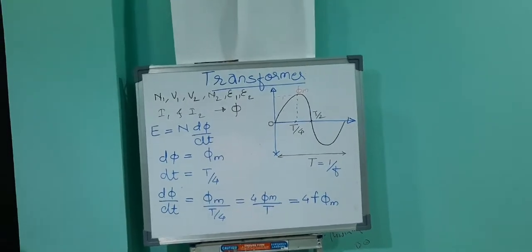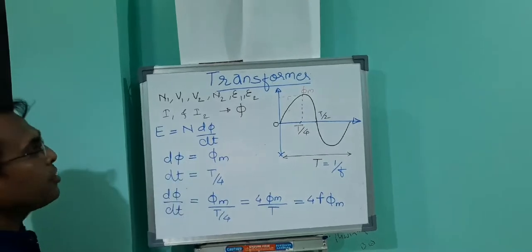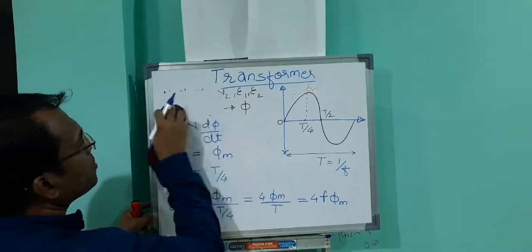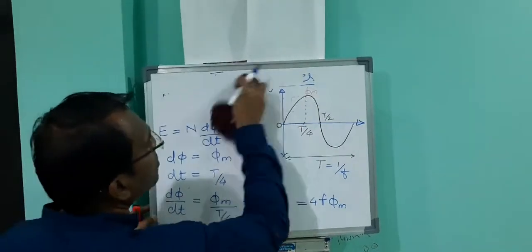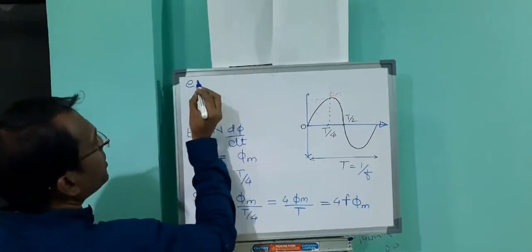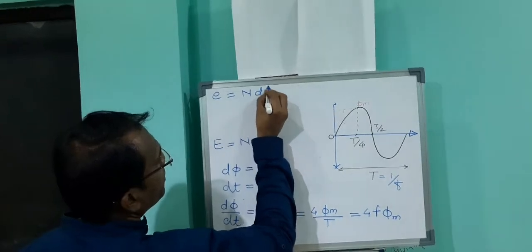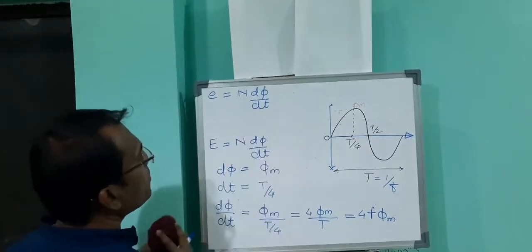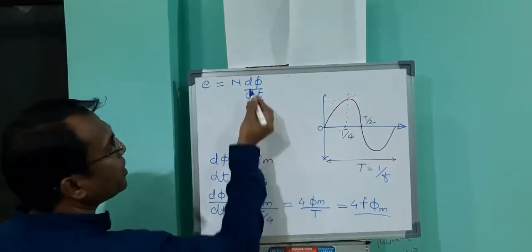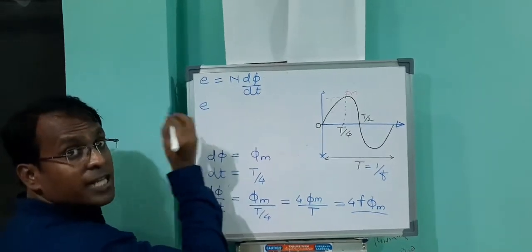After this you have to put this in the equation for E. Therefore your small e will be n d phi by dt. If you put this value in it, then you get the average EMF.